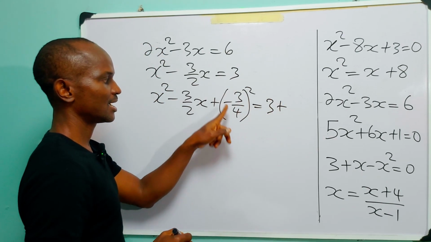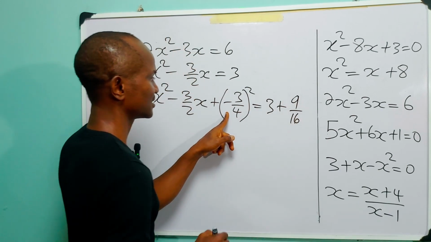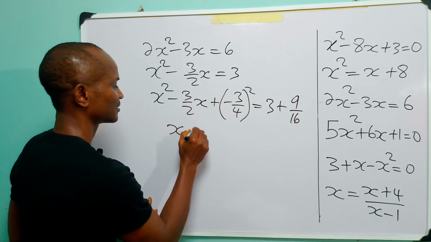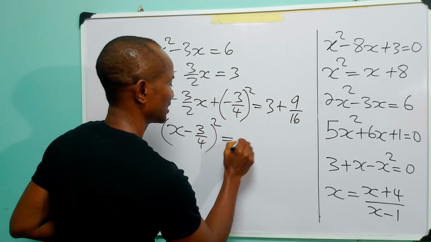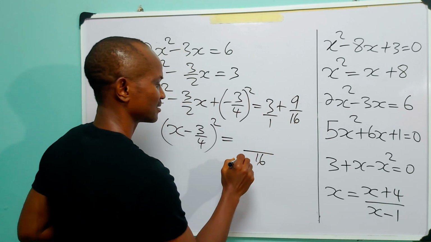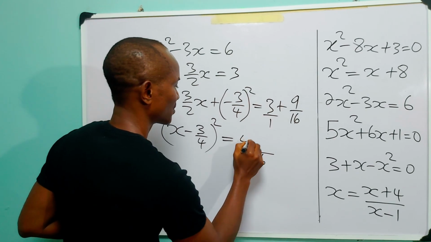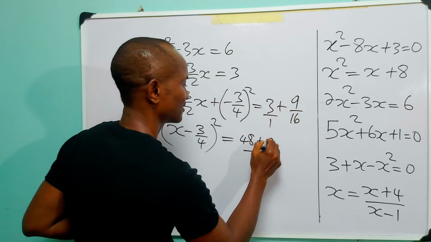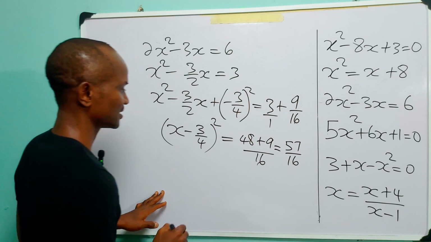Now we evaluate this. And when you do the square of this, you have that it is equal to 9 over 16. You take one of these, you take one of these, you square. And that is equal to, here we take LCM. So we have 16 divided by 1 is 16 times 3 is 48, plus 16 divided by 16 is 1 times 9 is 9, and this is equal to 57 over 16.